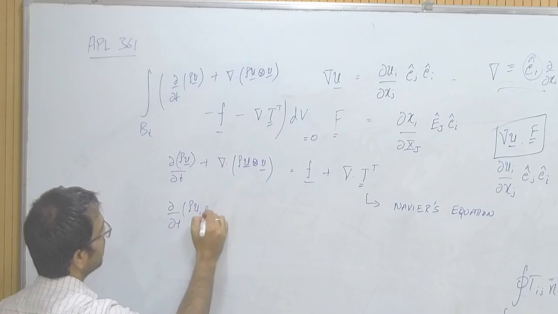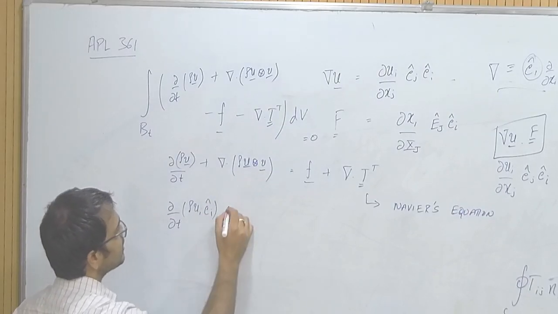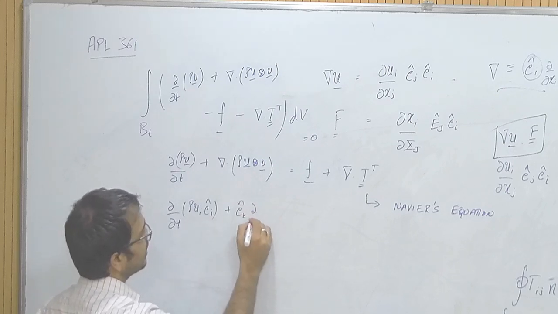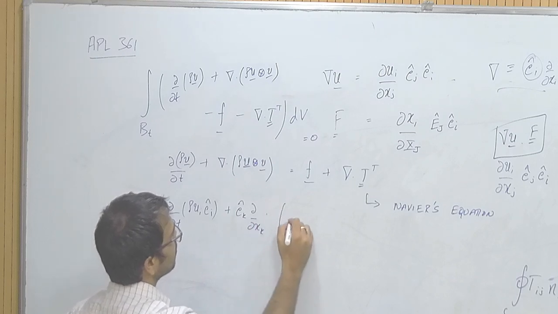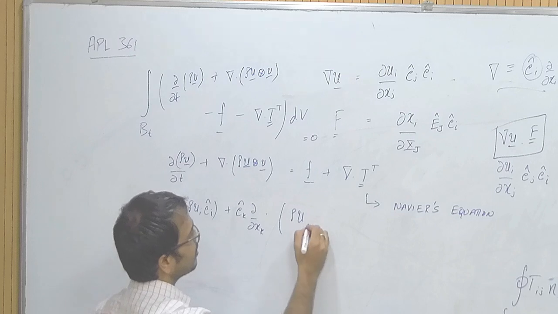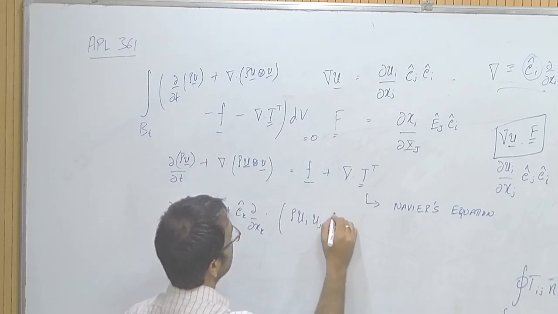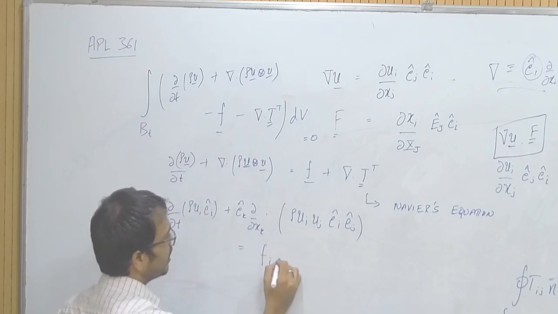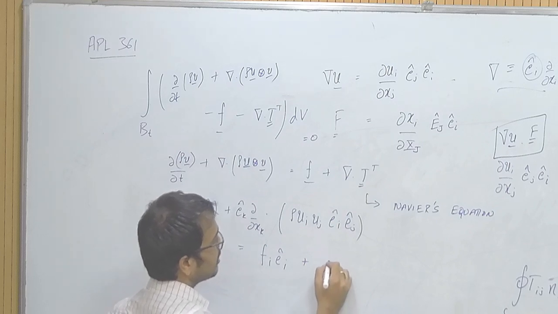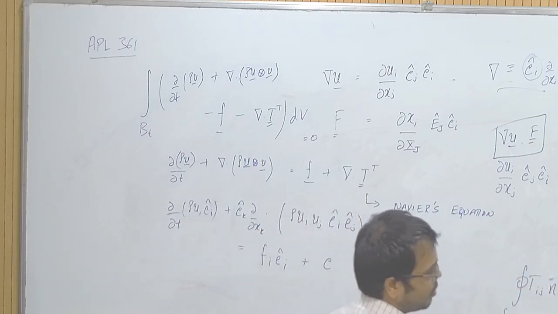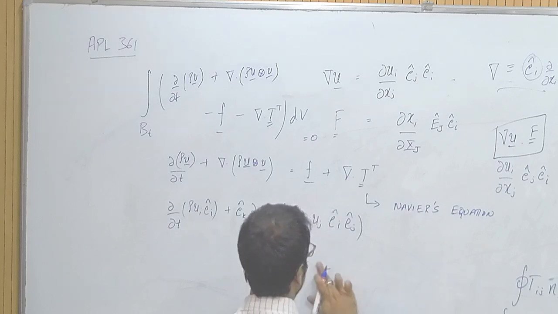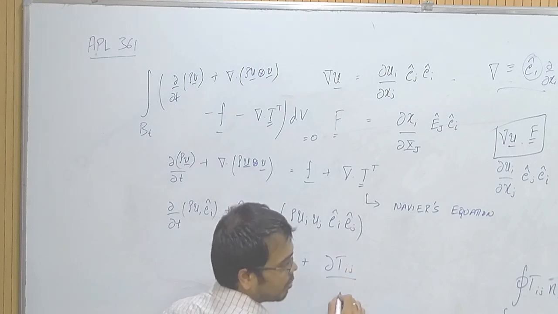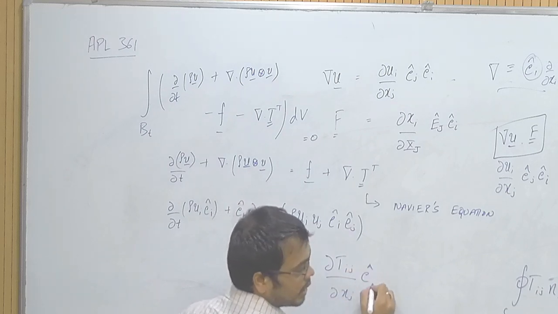Equals F_i e_i plus, so we know what this is going to give us, del T_ij over del x_j e_i.